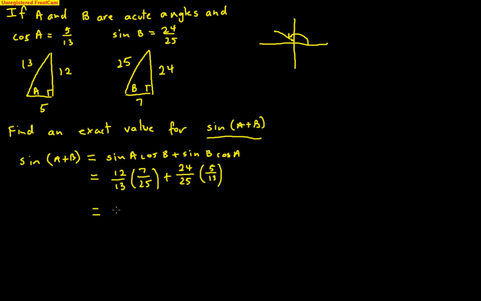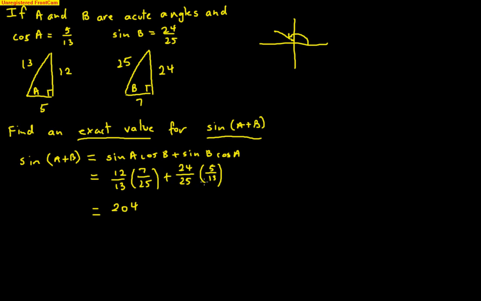And because we want to find an exact value, we just want to get the simplest fraction, not a decimal. We're going to probably chuck this in the calculator. It would be the easiest one, but if you needed to do it by hand, you're looking for a common denominator for both of these.